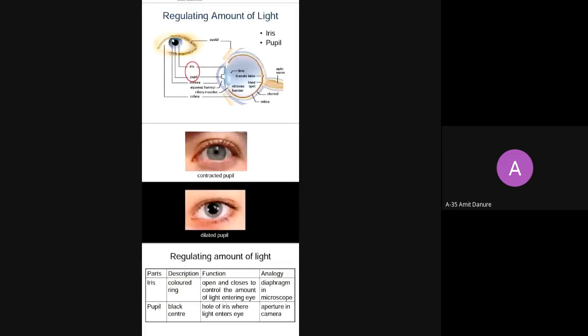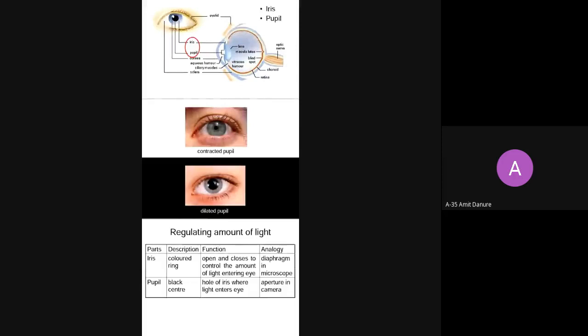Some people have a contracted pupil and some people have a dilated pupil. There is no effect on observing images with a contracted or dilated pupil, but these are the two types of pupils. So identify which type you are.